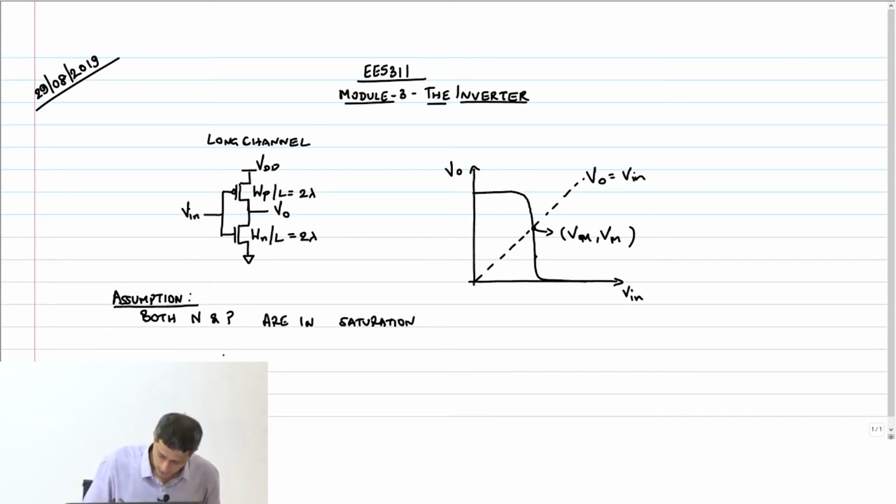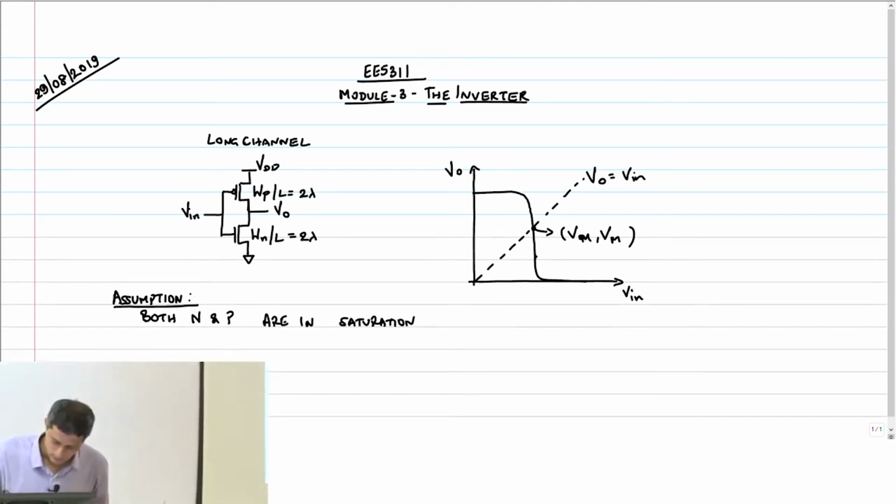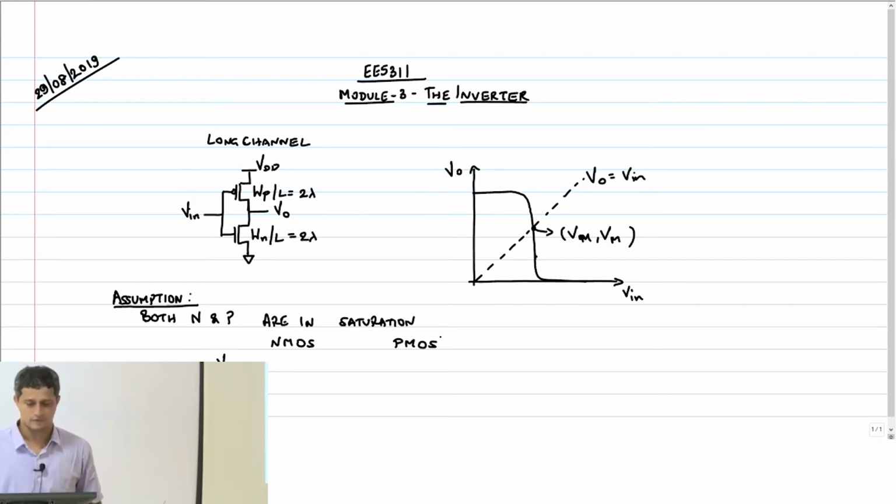So now what are our various things? VGS, VDS for NMOS and PMOS. Vin equal to Vout, so this is also equal to Vm. This is also equal to Vm. So what is VGS for the NMOS transistor?